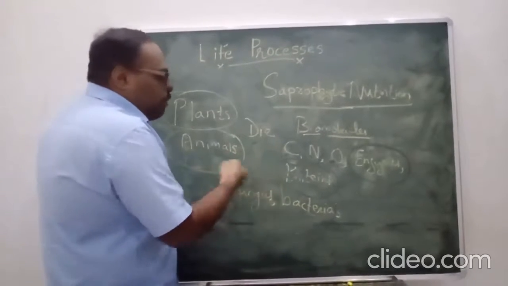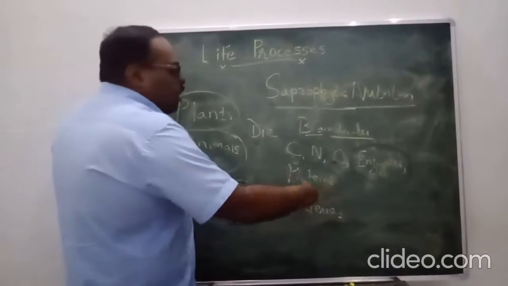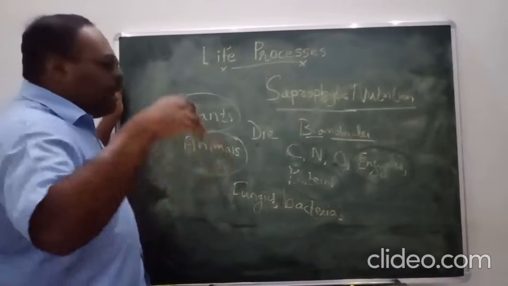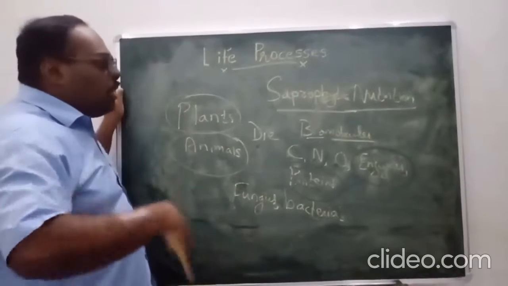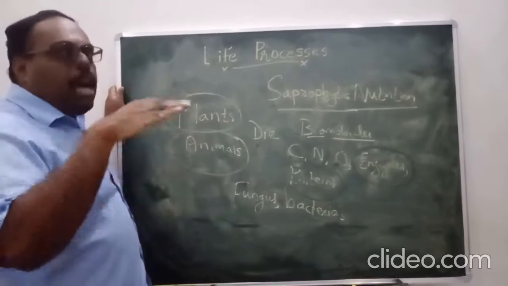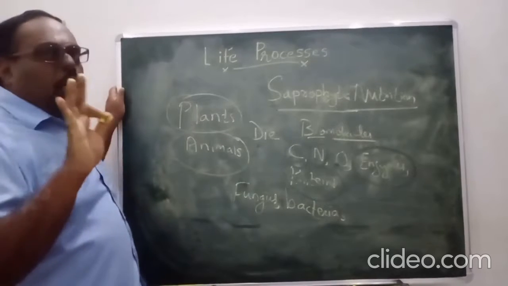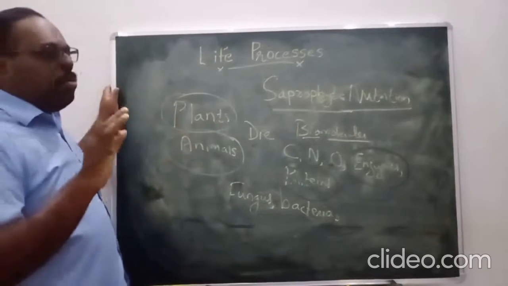Some of the fungi are edible to us, and these bacteria have the capacity to convert it into nitrites and nitrates, and they will give them to the atmosphere, so that the cycle of maintaining nutrition will be balanced inside this entire universe. So these are the three main nutritional processes.